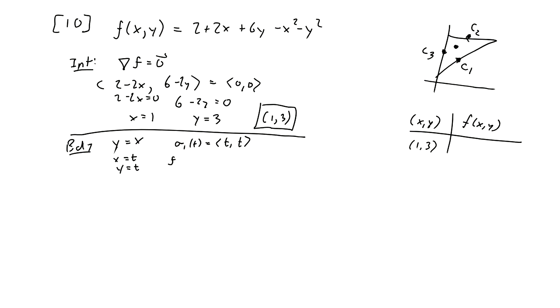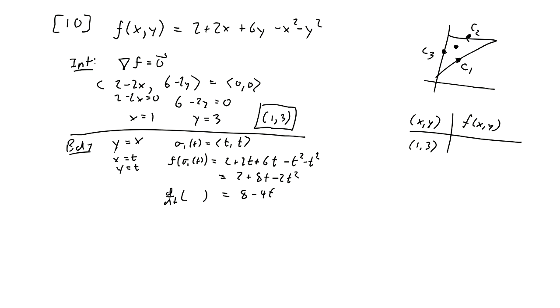So f of sigma 1 of t is equal to 2 plus 2t plus 6t minus t squared minus another t squared. That looks like 2 plus 8t minus 2t squared. Then we take the derivative of that and set it equal to 0. The derivative is equal to 8 minus 4t.